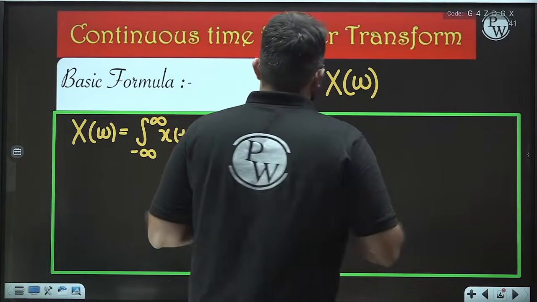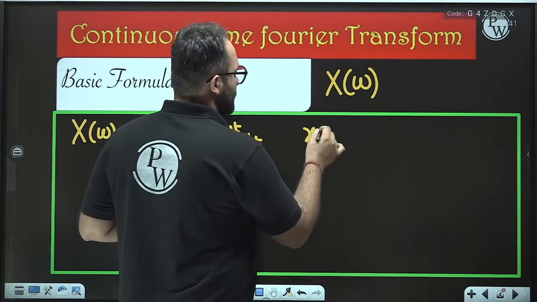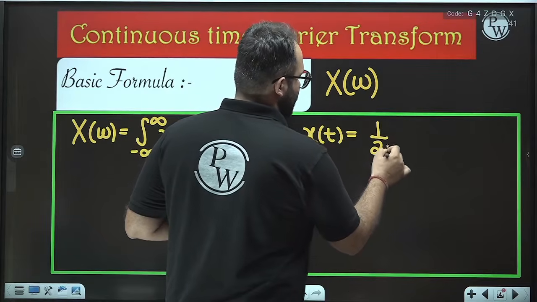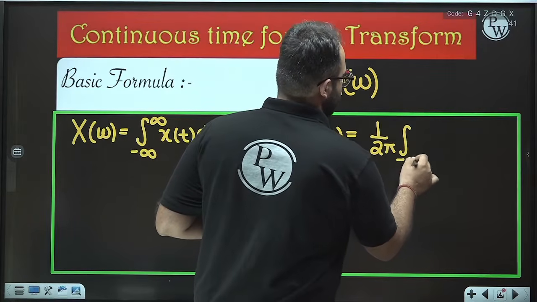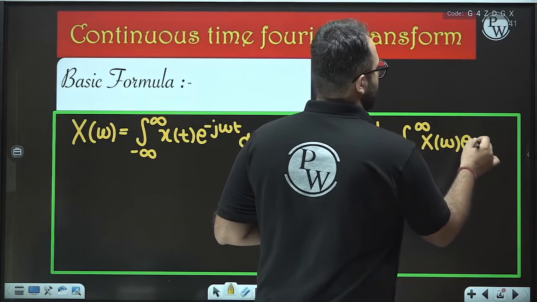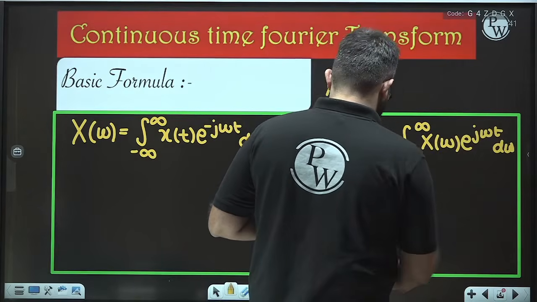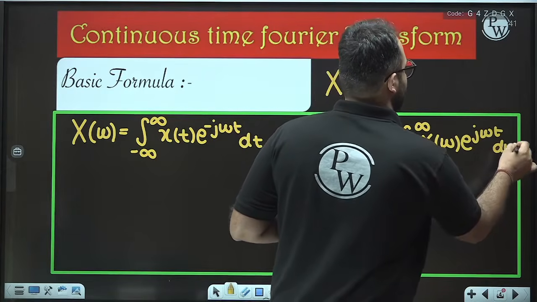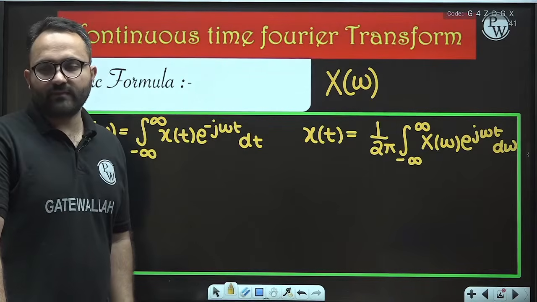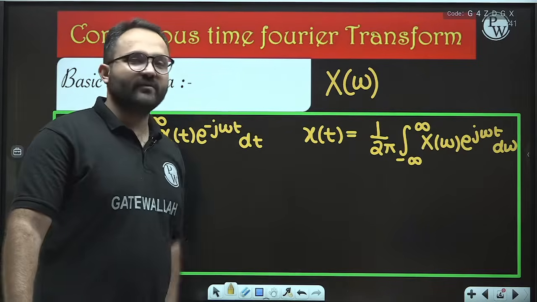And the inverse Fourier transform formula is x(t) equals 1 upon 2 pi integration minus infinity to infinity X(omega) e to power j omega t d omega. So this is the inverse Fourier transform formula. These two are the basic formulas. This is the formula for Fourier transform, and this is the formula for inverse Fourier transform.